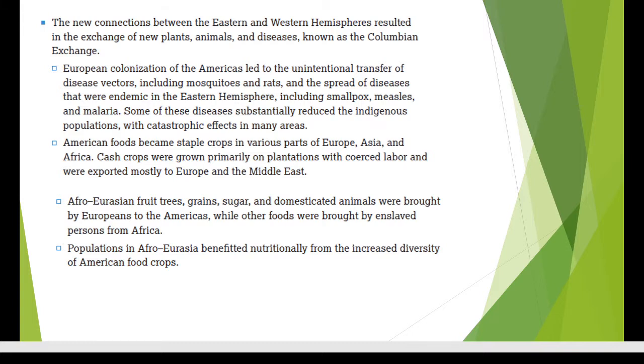So let's specify effects on Americas, and then specify effects on Europe, Africa, and other regions.